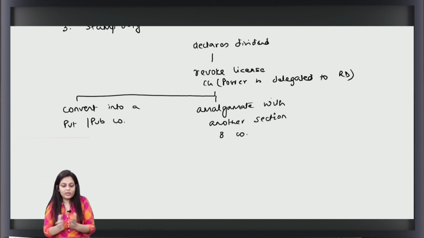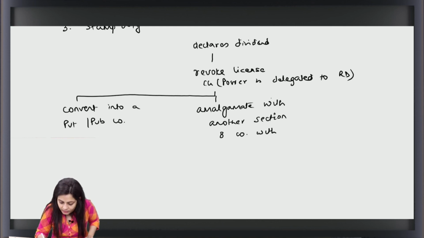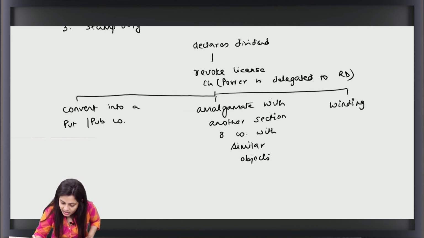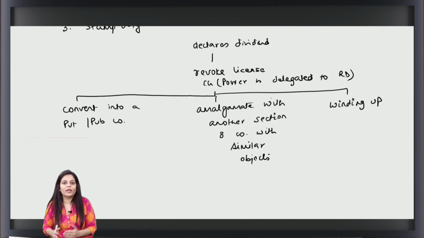What is the combination? No. So a Section 8 company with similar objects. Or if the opinion of the central government is that this company should be wound up, it may pass orders for the winding up. Not all the three together. How can we pass orders for all the three together? It can be any one of them.